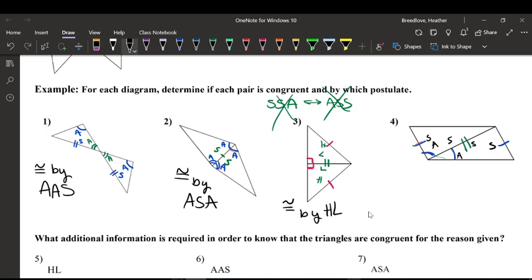So on the top triangle, we have SAS, and on the bottom triangle, we have ASA. So those do not match. The top one looks like it's going to give us a congruency postulate, but the bottom one doesn't match it. So this is not congruent. So you do have to check both of the triangles to make sure they both give you the same order of letters.